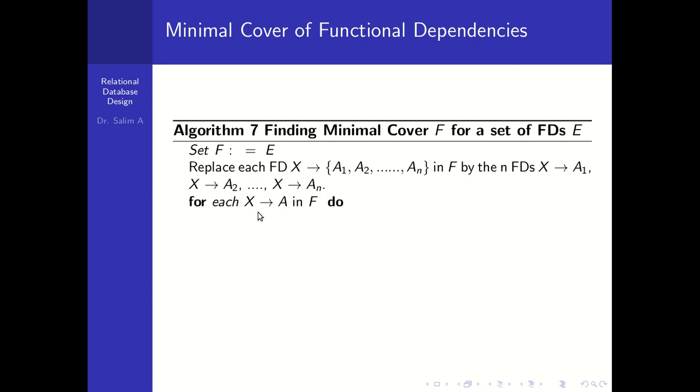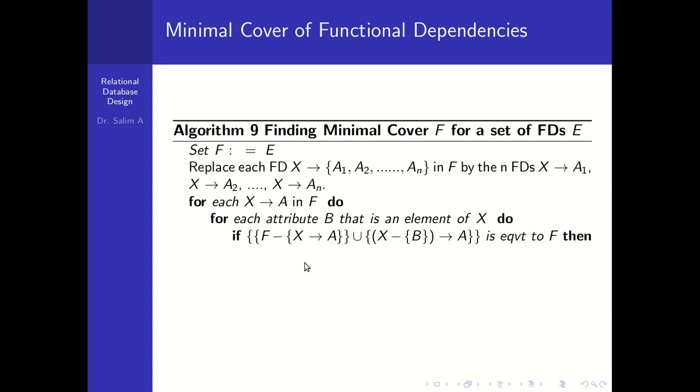For each X determines A in F, for each dependency present in F, do: for each attribute B that is an element of X, do: if F minus {X determines A} union {(X minus B) determines A} is equivalent to F, then replace it.